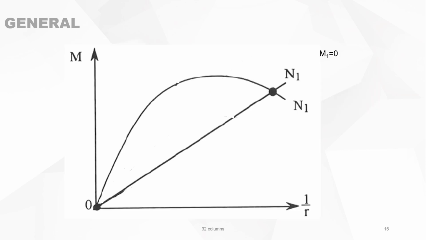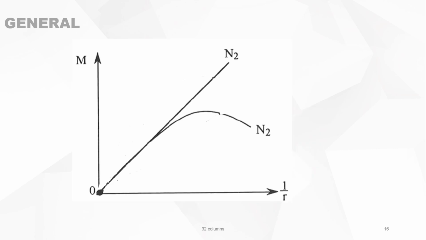And a third, okay. Then we can look when the bending moment is 0, then everything comes in the point 0, 0. Then you will see that for N equals N1, this point is a stable equilibrium and the column will hold, and there is no curvature at all of the column. So the column stays straight.